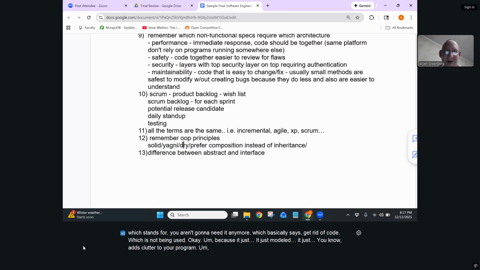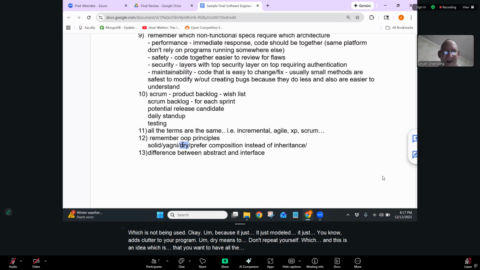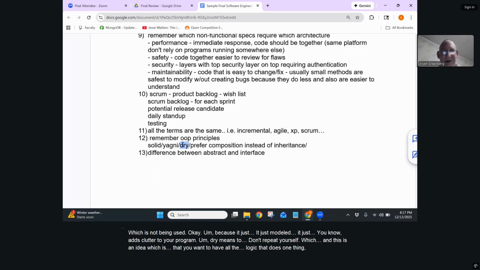DRY means don't repeat yourself. You want to have all the logic that does one thing in one location, so when you change your logic, you're changing it throughout the program, and you don't have to worry that you changed it in one location but not the other.